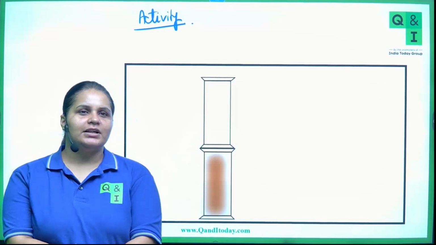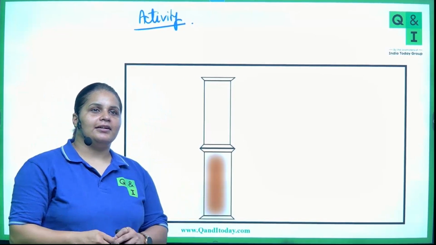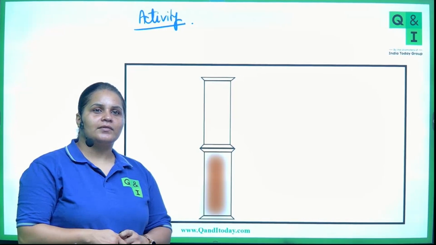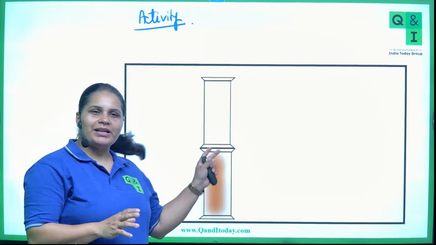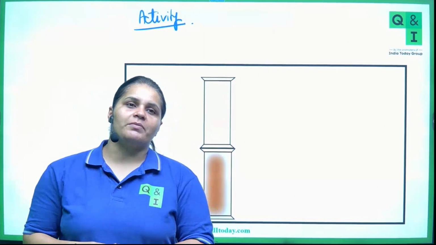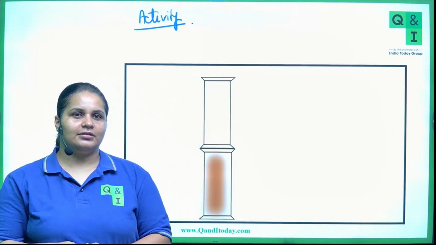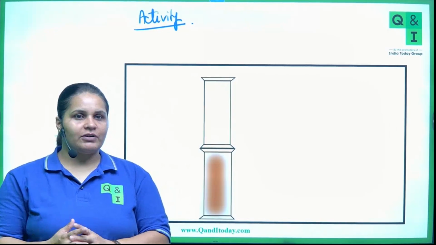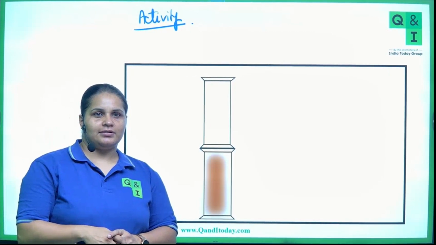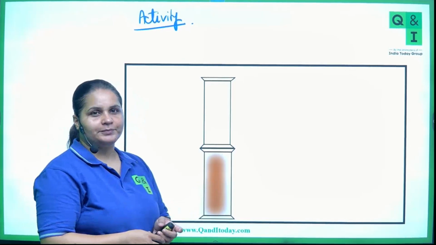You can say, you don't have to write. It takes time. Nothing will happen, there won't be any observation? So how do you come to know that mixing has occurred? That's definitely there will be mixing, but how do you come to know? What will be the observation?